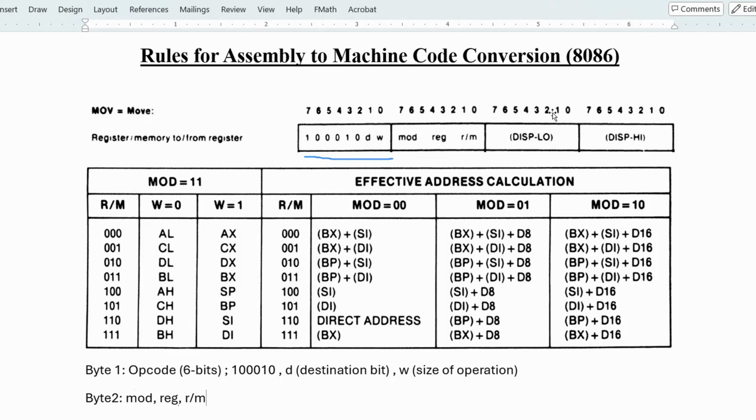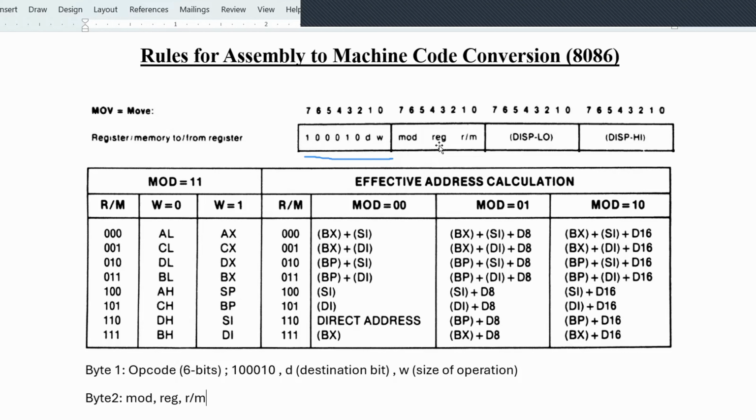Mod itself is 2 bits, the 7th and 6th bits of byte 2. Then reg is 3 bits, and then r/m is 3 bits. Then there is a displacement low and then displacement high. I'm going to tell you how you can convert it by taking one example.